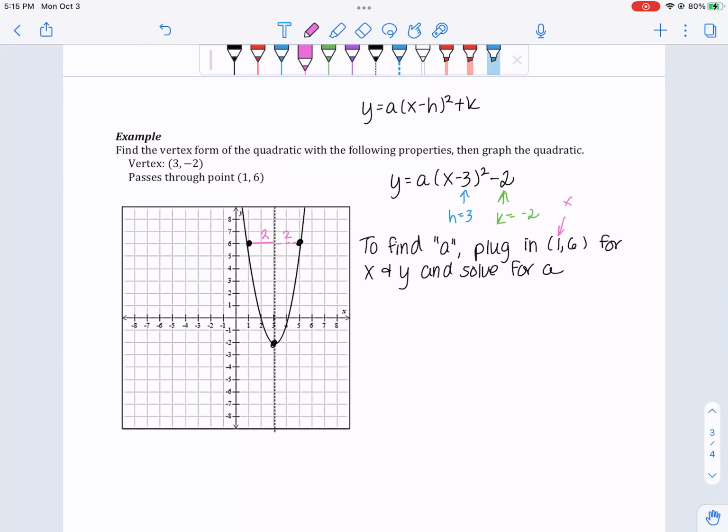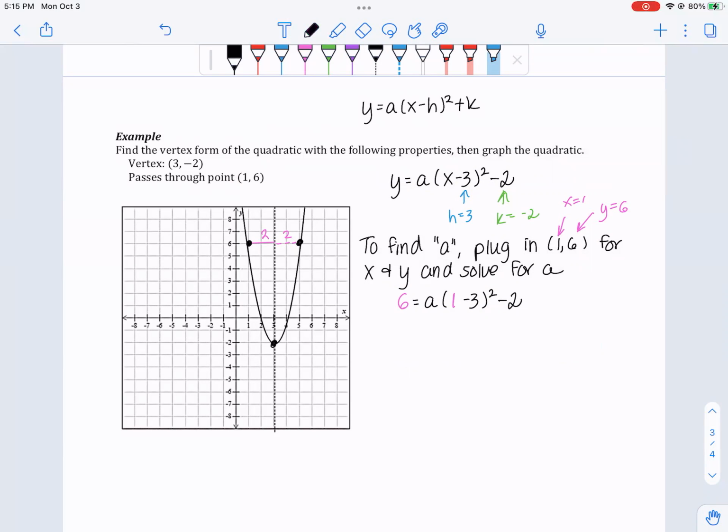So I'm going to be plugging in x equals 1, y equals 6 to this guy right here and solving for a. So x is 1, y is 6.